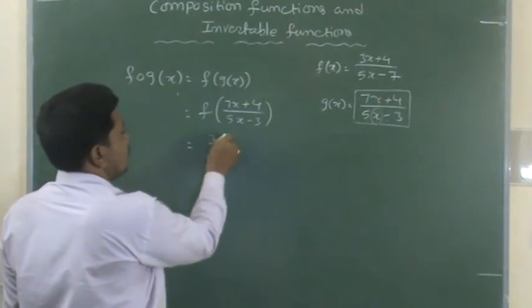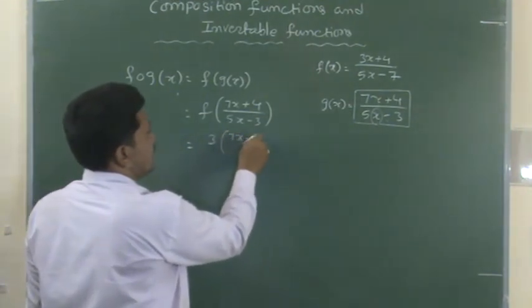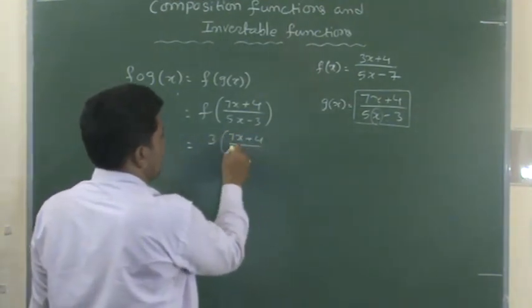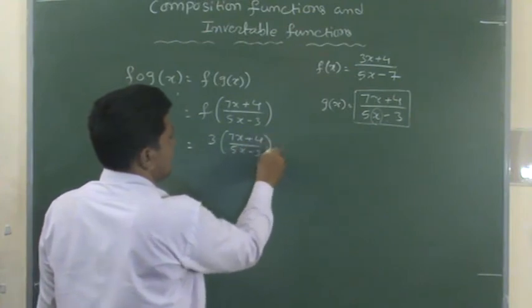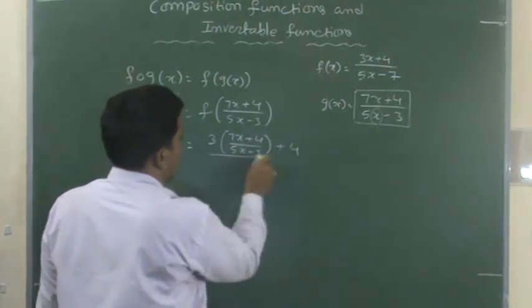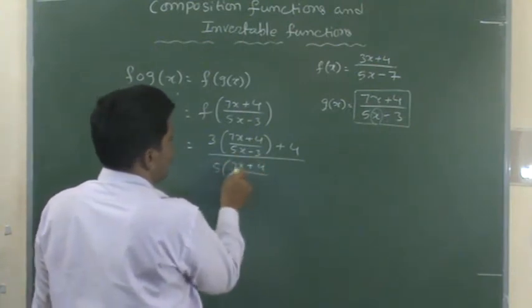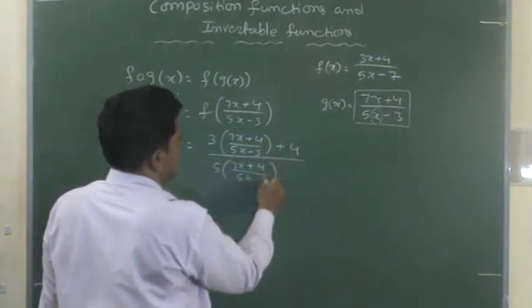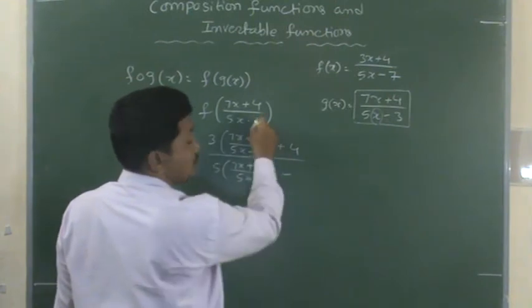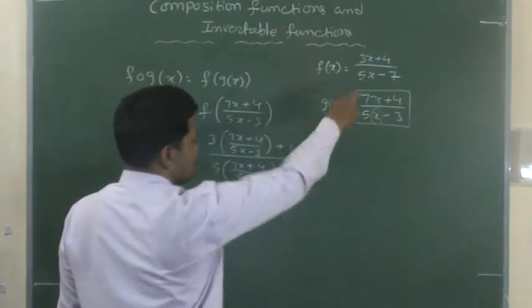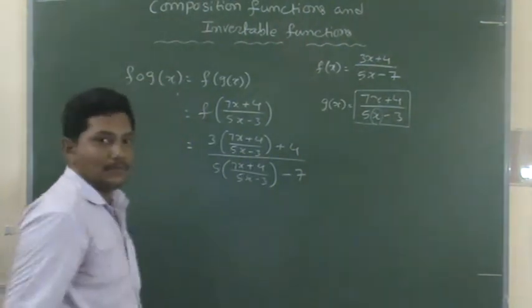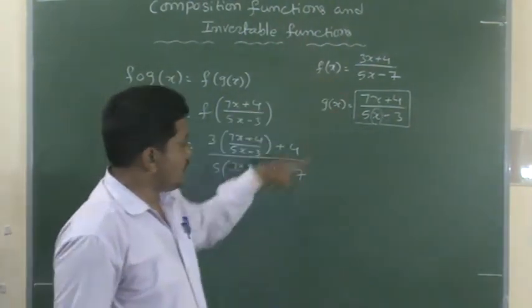So, 3 into (7x plus 4) by (5x minus 3) plus 4, and 5 into (7x plus 4) by (5x minus 3) minus, I wrote 3 once again here, but here 7. The same mistake, right? So we want to write that one.